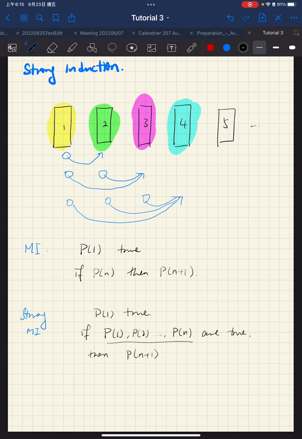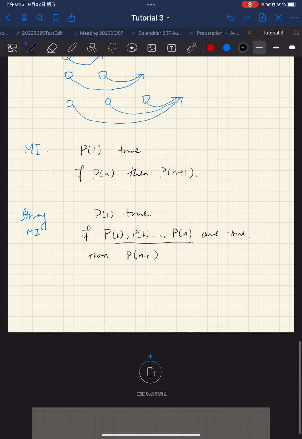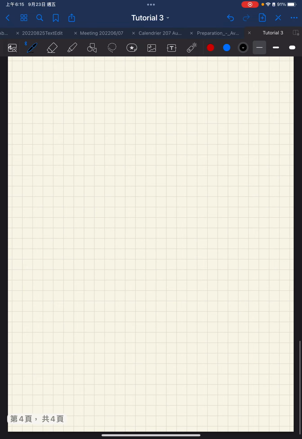So what's an example? Let me give you an example. Let's say we want to prove something for the Fibonacci sequence. Let a1 equals 1, a2 equals 1, and then we have an equals an minus 1 plus an minus 2 for n greater than or equal to 3, where n is an integer.